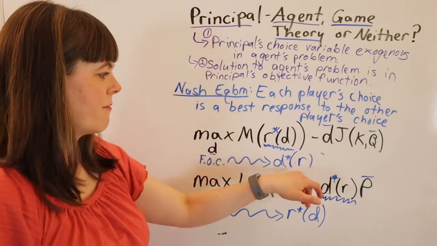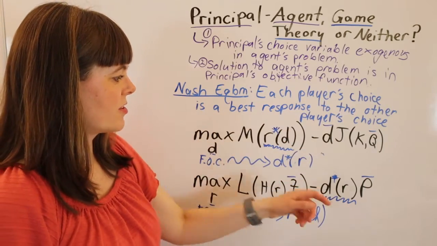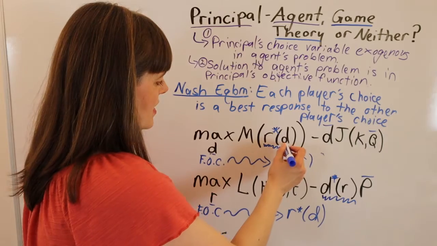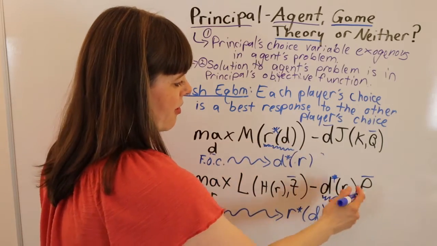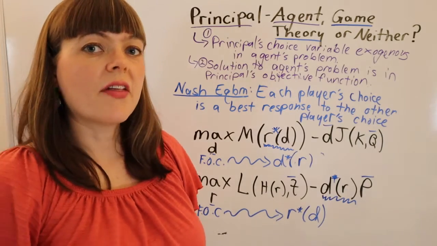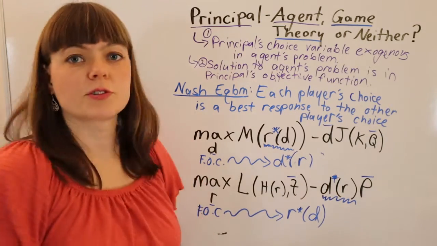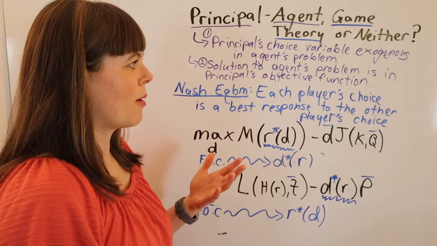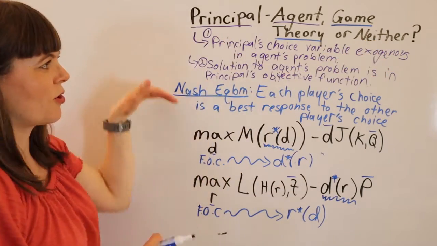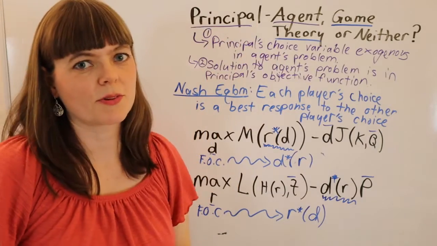It's actually symmetric if you notice, like R is a function of D, well, D is a function of R. These are just flipped according to whose choice variable matters. And that's how game theory problems look when you set them up inside problems. And of course, if it doesn't meet either of these two criteria, it's neither game theory or principal agent.